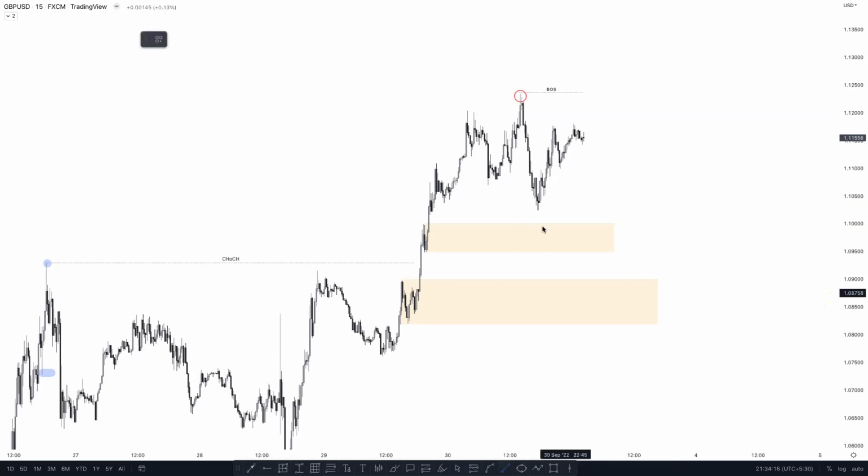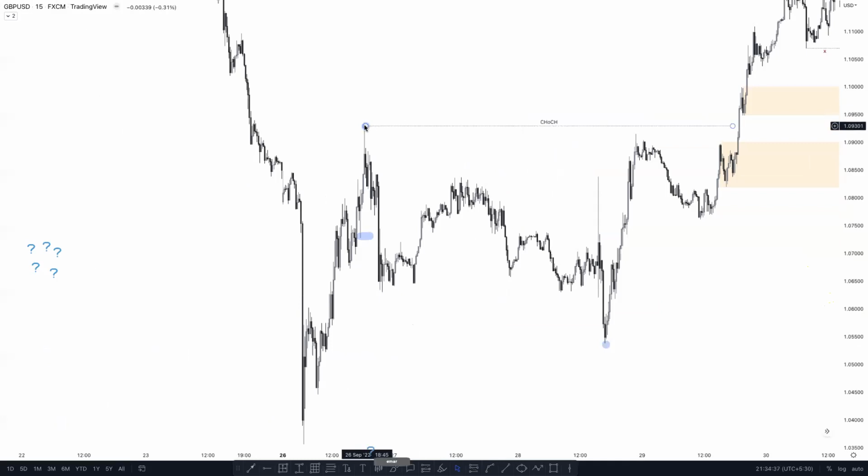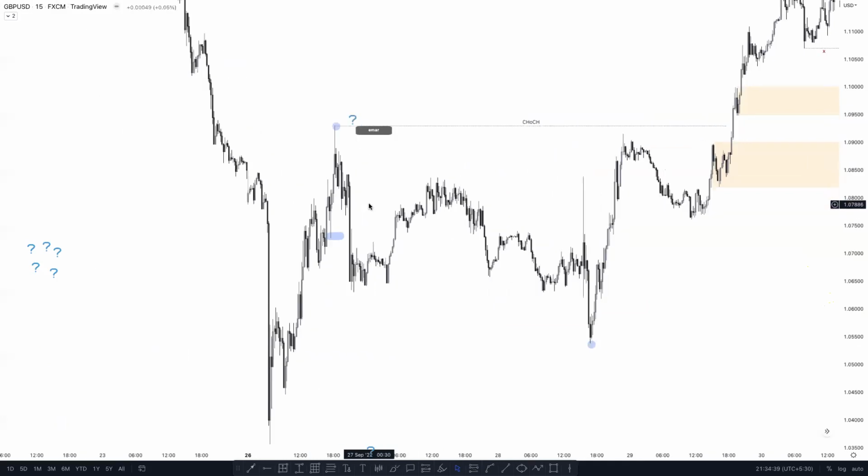So after taking out the inducement, measure the inducement here, and then we can see the market trying to go higher but did not fill any order flow here, and then goes higher. And this is our higher high, I mean technically, because the market took out the inducement here, because this is a counter trend, right?